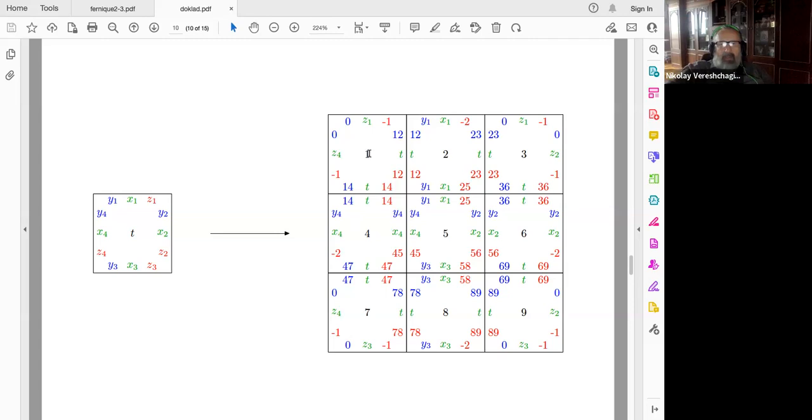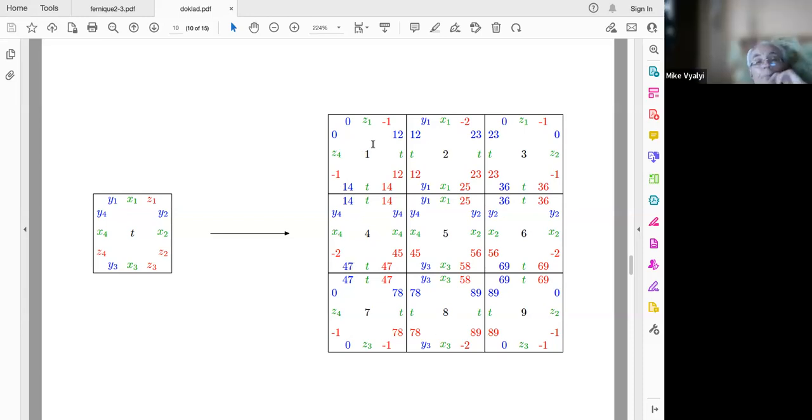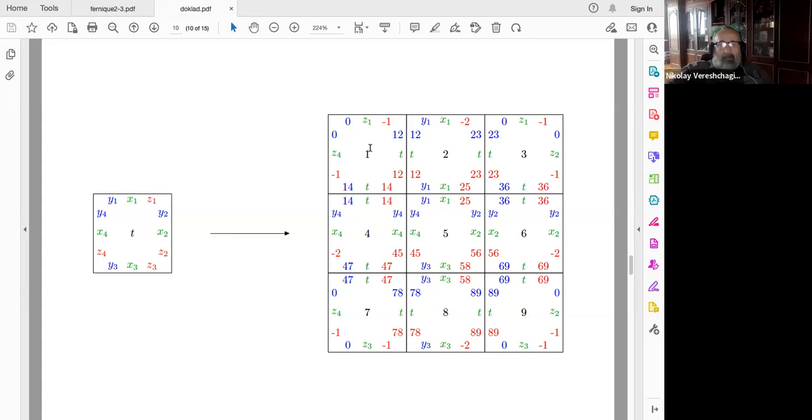Right, 1 is different from 4 because we can choose 14 and 47. Okay, how does this distinguish, say, in the opposite direction, 4 from 1?